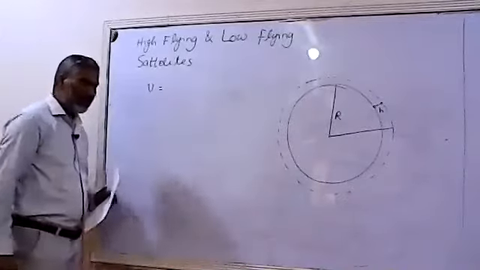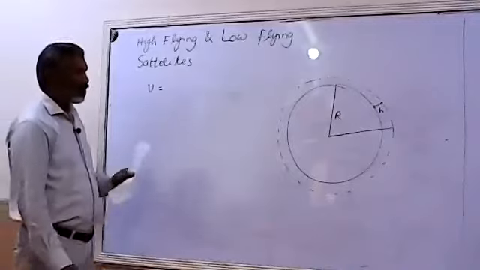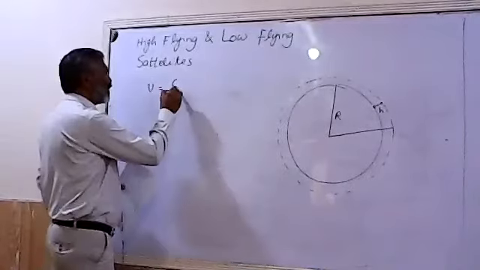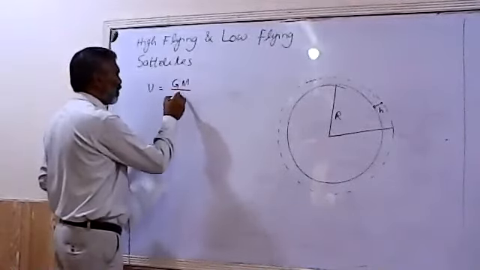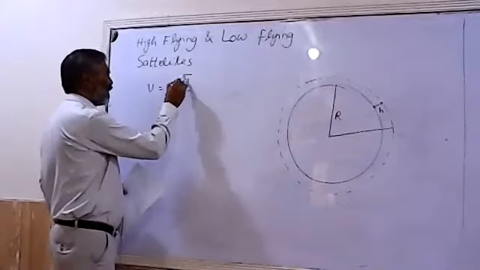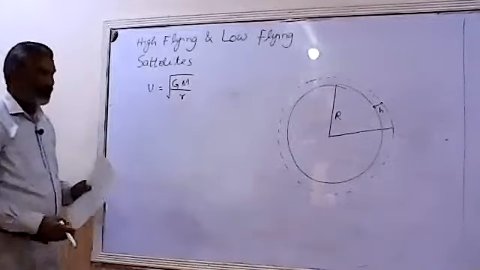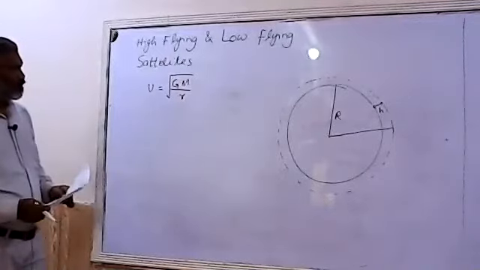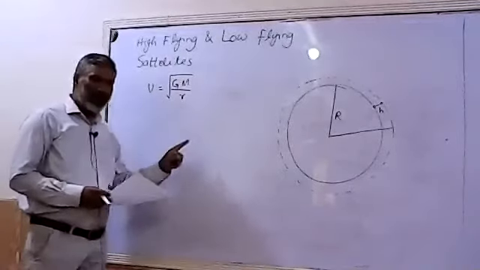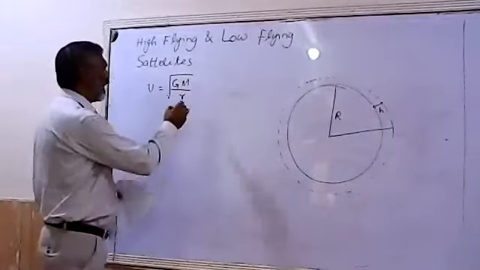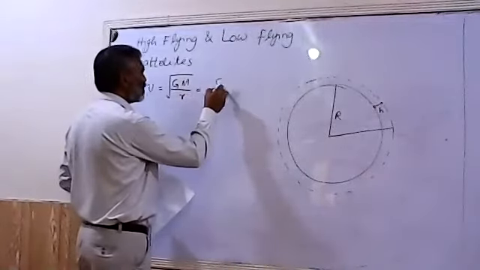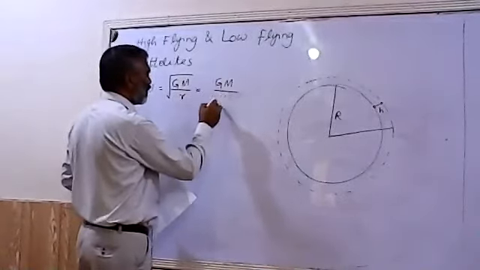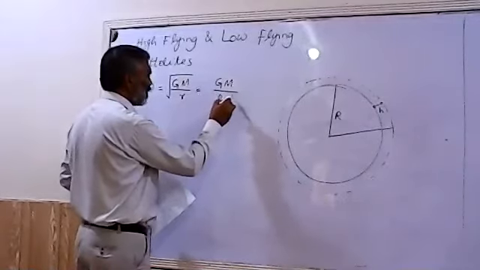So if I want to calculate the orbital speed for such a satellite, the square root of GM over r. There will be a change in this expression now, and that is GM over capital R plus h.